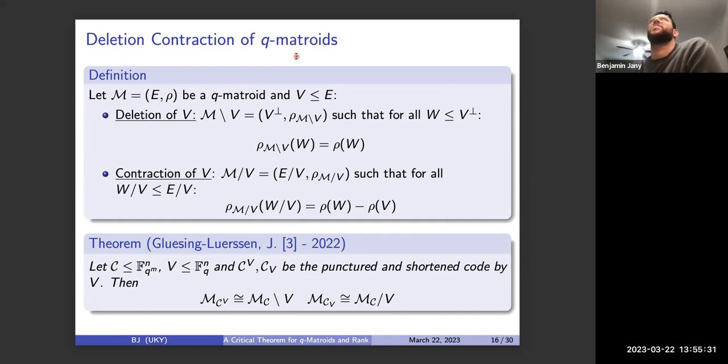I think that in the original definition of q-matroid, you do not need to restrict to finite dimensional vector spaces.